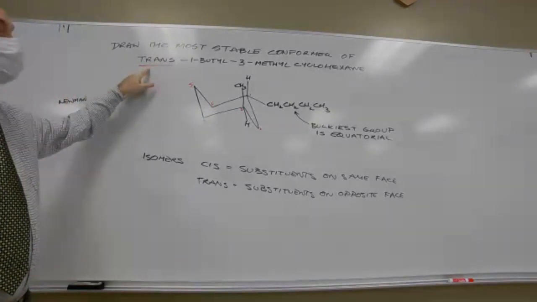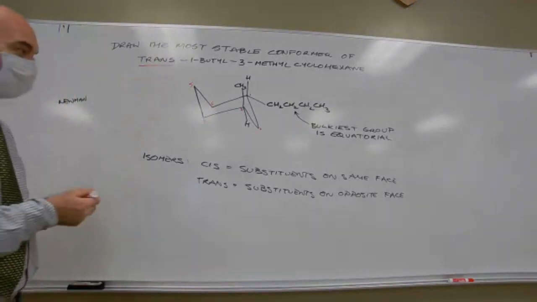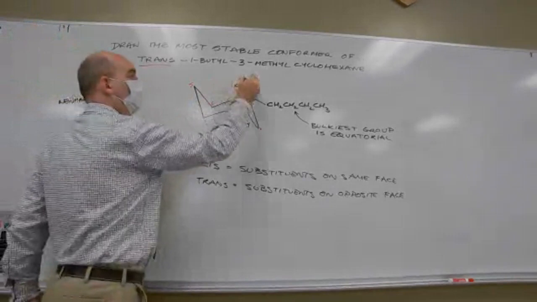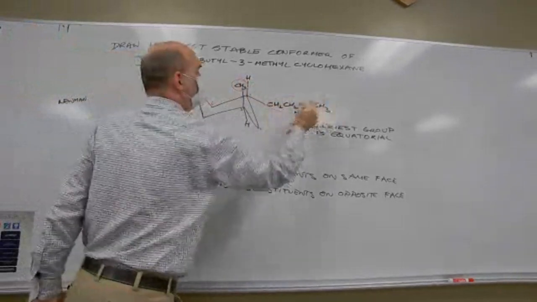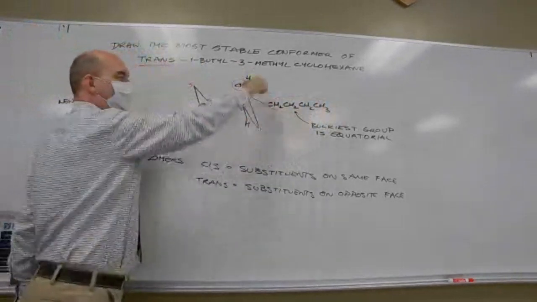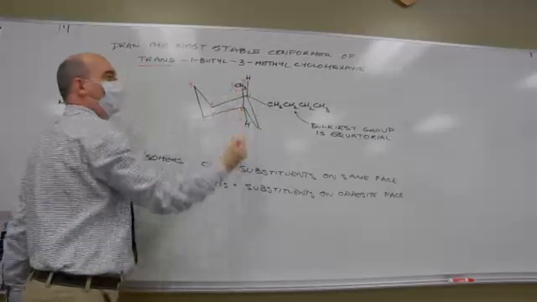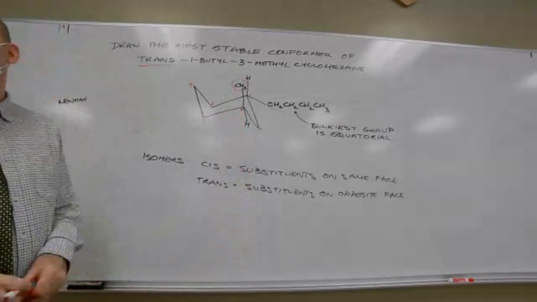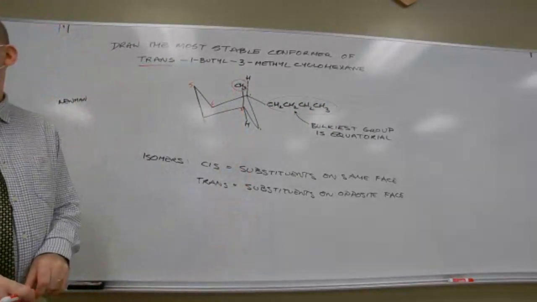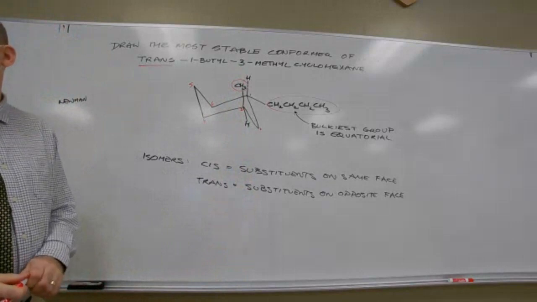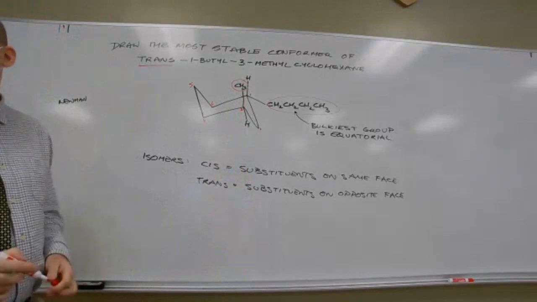And because it's a trans isomer, the methyl and the butyl have to be on opposite faces. This one is down, that one is up. That methyl has no option. Has to go axial.